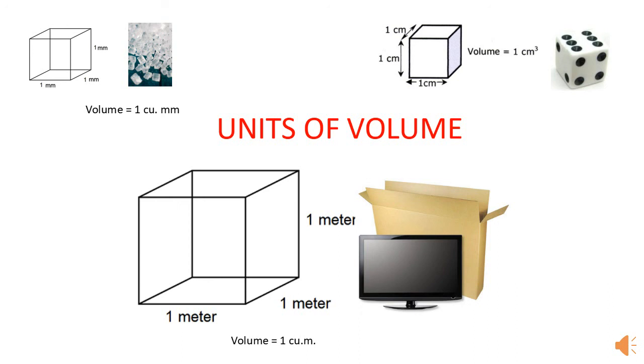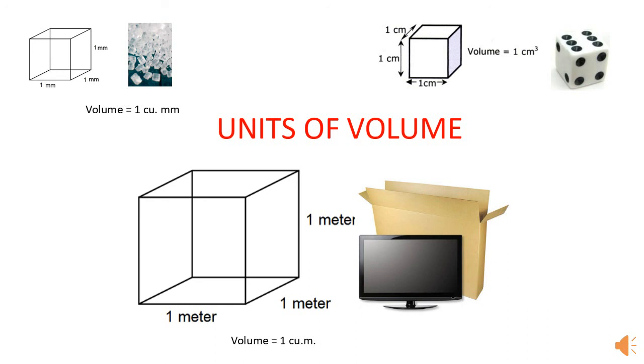Now how much can you guess it? A millimeter cube is about the size of a grain of sugar. A millimeter cube is used in measuring volume of very small objects. Okay. Now come to the second picture. You can see a cube with length, breadth and height given as 1 centimeter.